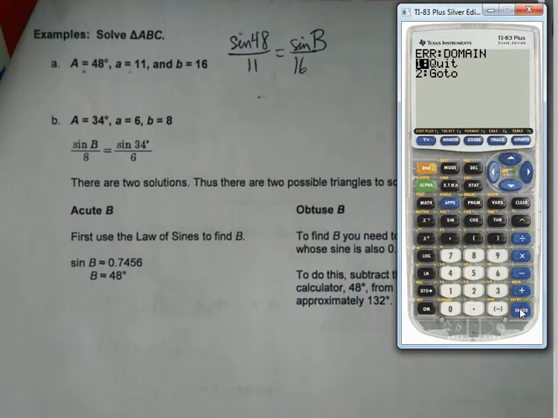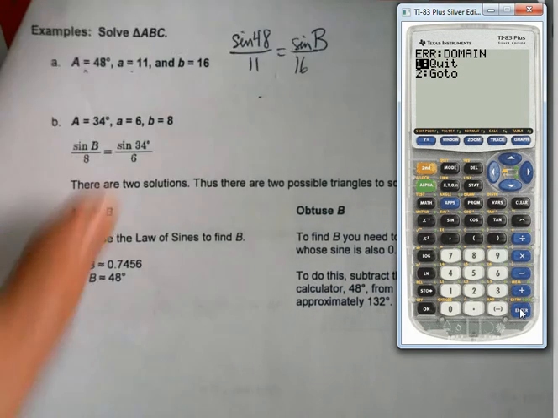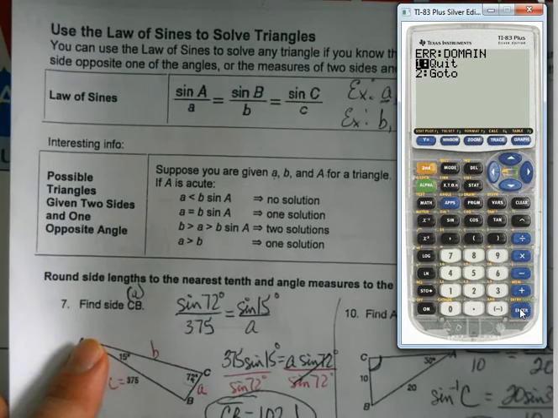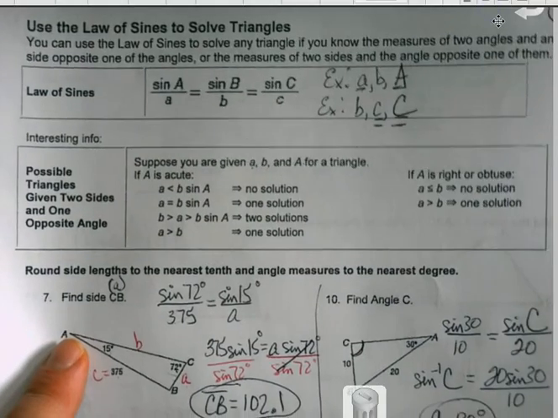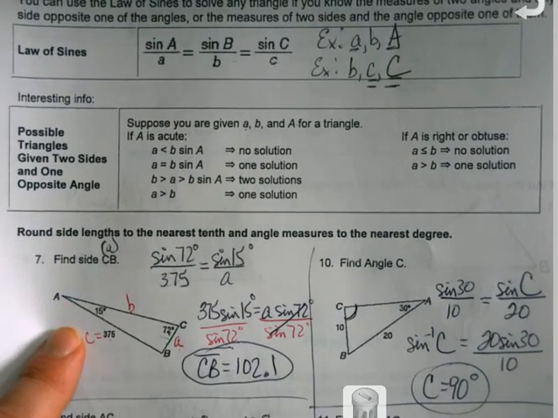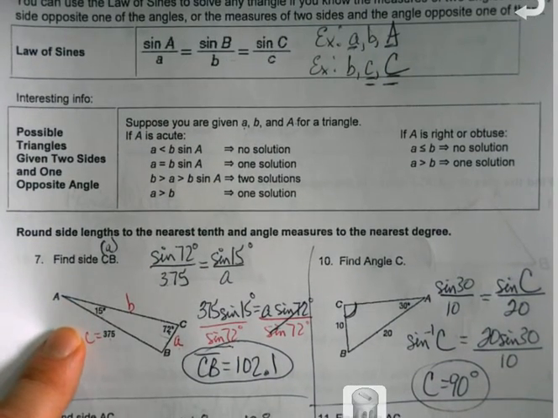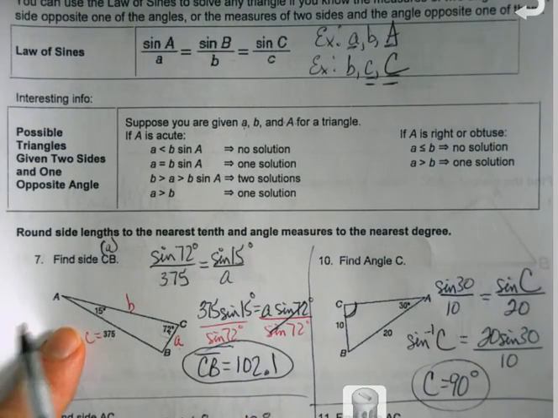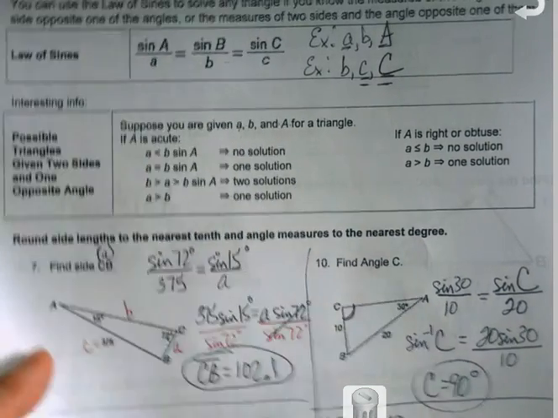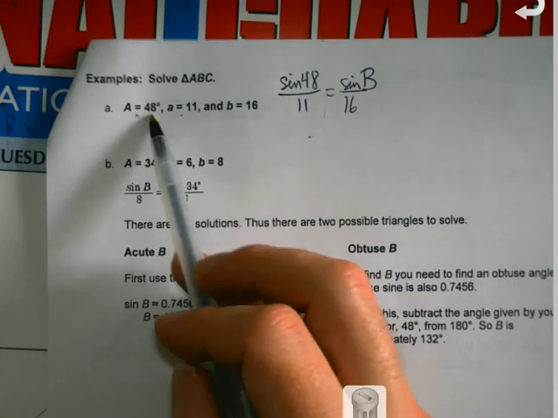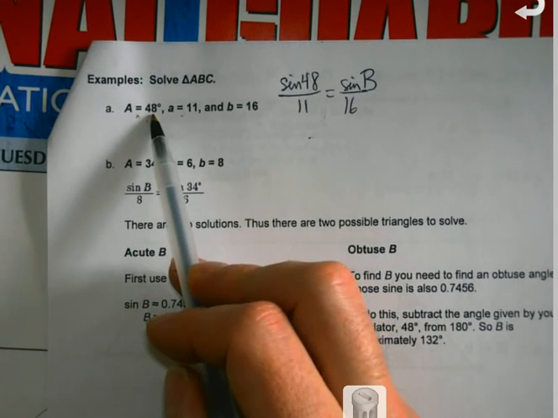Now I need to go back for a minute and take note of some things on that last page, or if you have your help sheet from yesterday, it's on your help sheet too. Suppose you're given a, b, and A for a triangle. If A is acute, yes, it's less than 90, so it's acute.